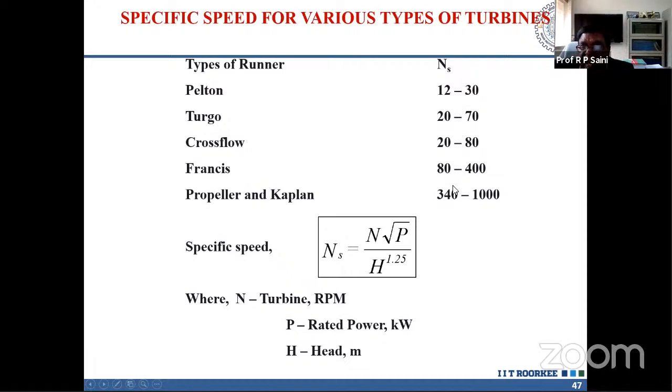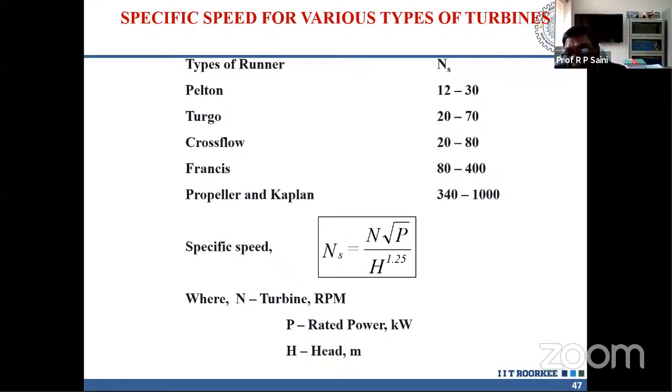So this is the thing, and nobody will challenge you if you determine this number based on the power, based on the head, and assuming the physical RPM. That's a very simple exercise I'm telling you. Then sometimes there is an overlap. That means 350 or 360 will be here also and here also. Then you have to find out which turbine will be most economical, and you go for that turbine.